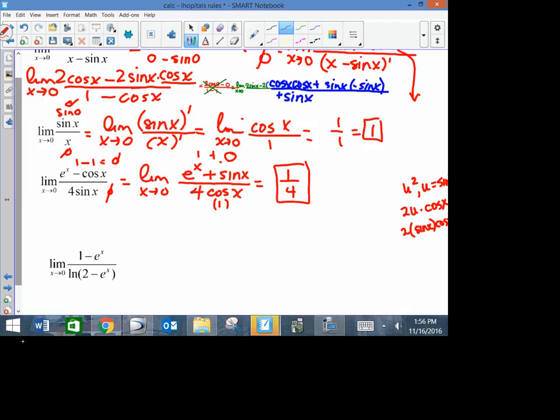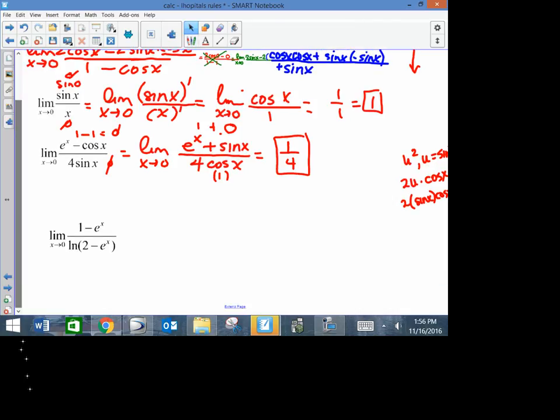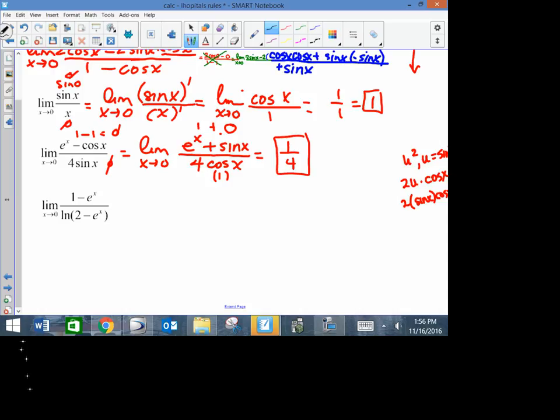We have another limit as x approaches 0. Let's do 1 minus 1. That's definitely 0. And ln of 2 minus 1. What's the ln of 1? Yes. Hope you're not guessing.